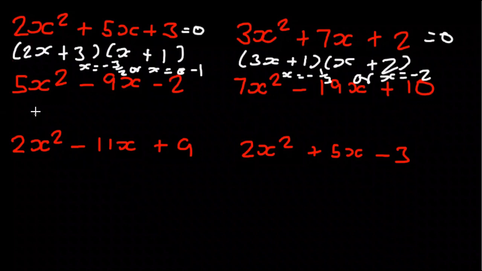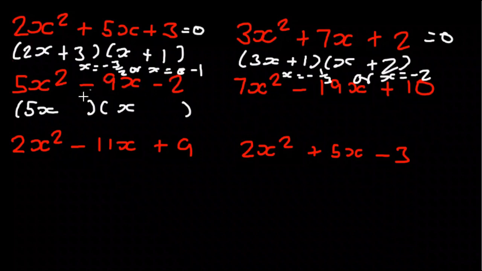This one, 5 is prime, so we're going to get 5x and x, and we can only be multiplying 2 and 1, but one of them has to be negative and one of them has to be positive.